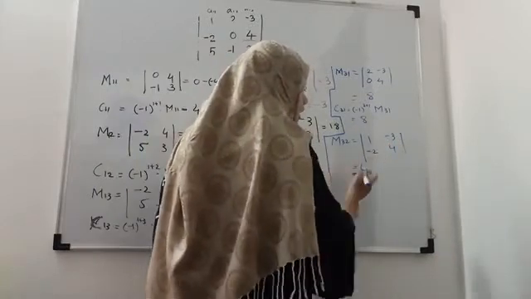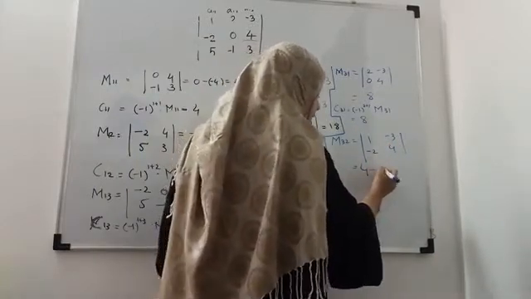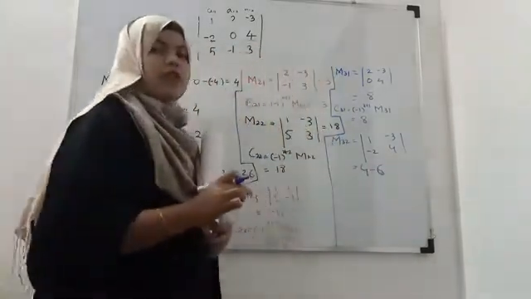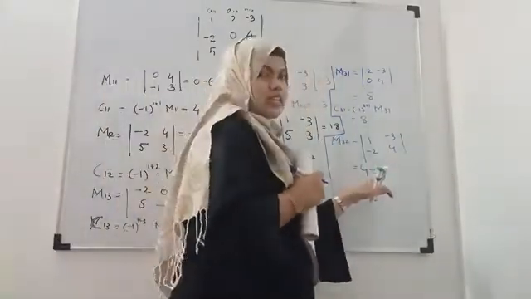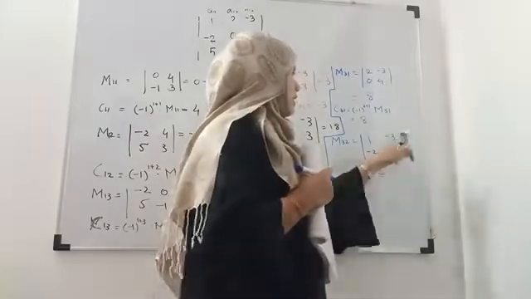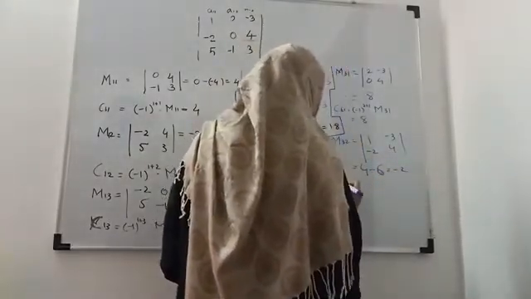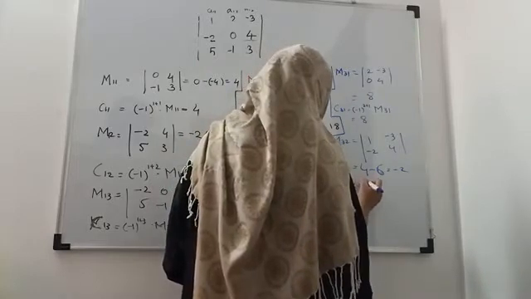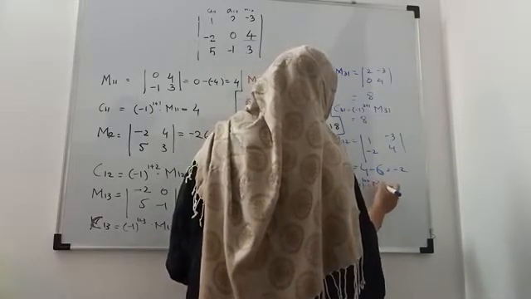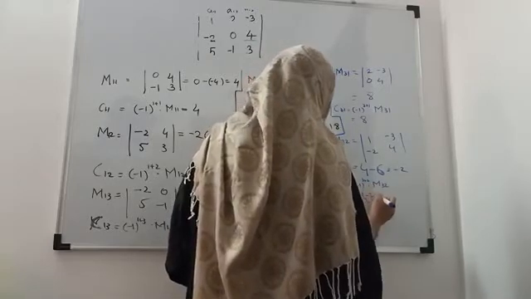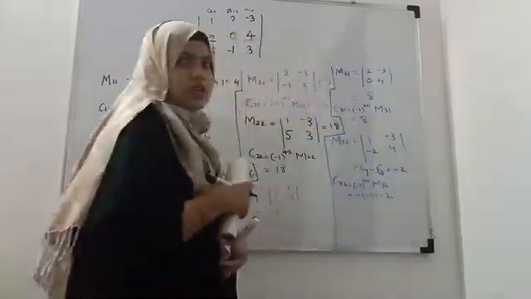Minus 2 into minus 3 is plus 6, and here it is minus 6. The middle term has a minus sign in the formula, and this is plus 6, so the answer is minus 2. So what is C32? It is minus 1 raised to 3 plus 2 into M32. So minus 1 raised to 5, that is minus of minus 2, which is equal to 2 only.